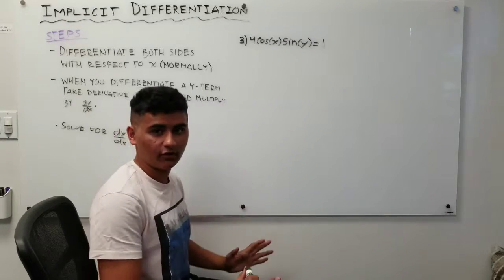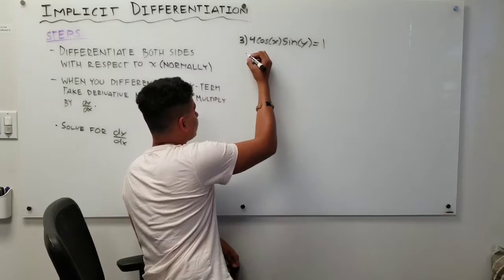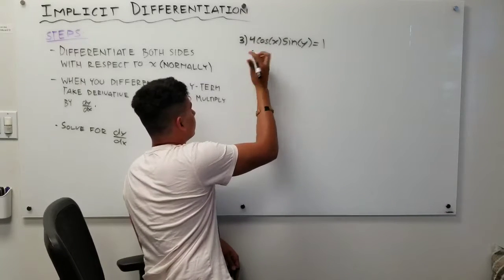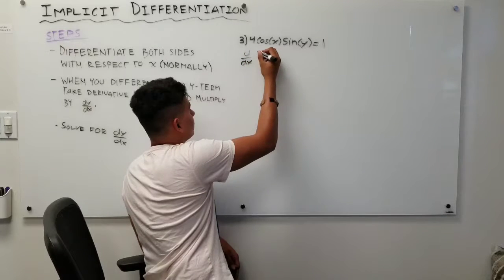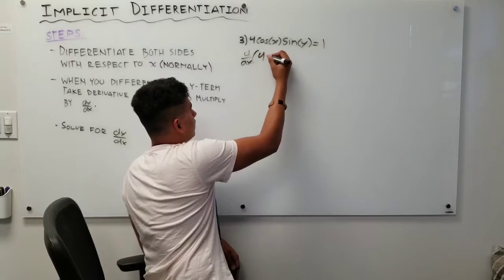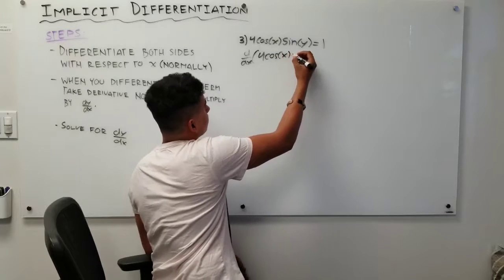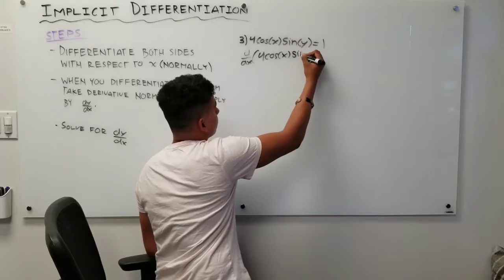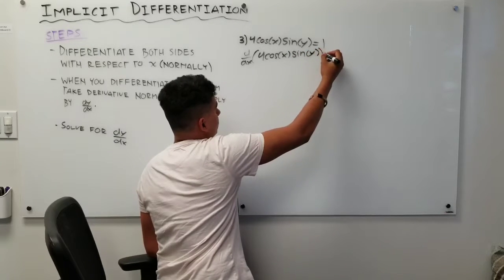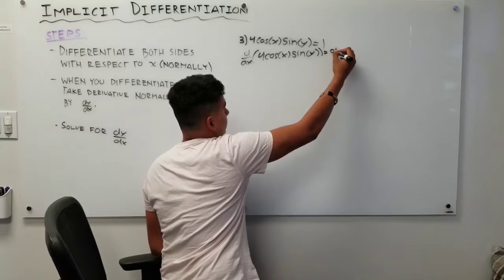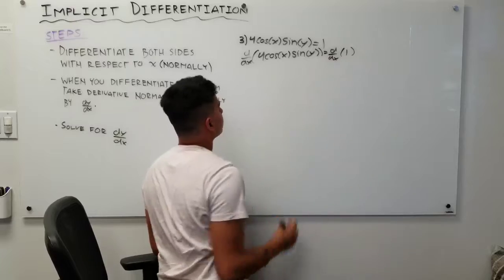Now, remember, you just have to follow the steps if you want to complete this. So we're going to take the derivative with respect to x on both sides. D dx of 4 cos x sine y is equal to d dx of 1.